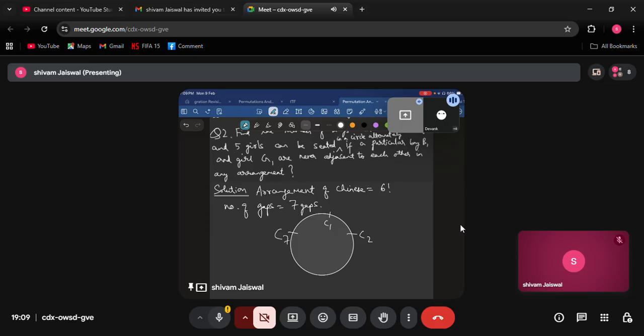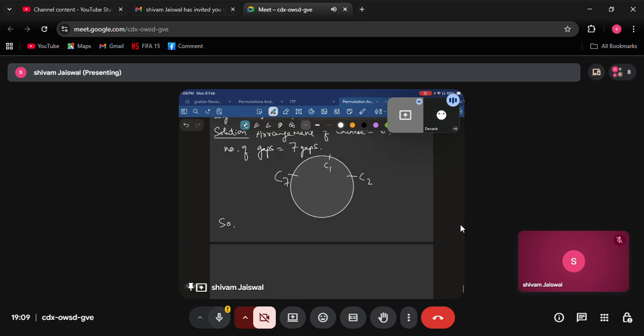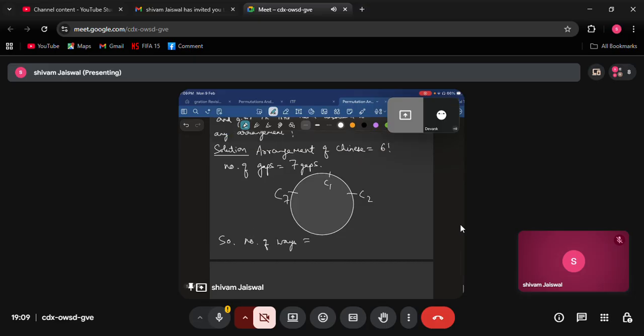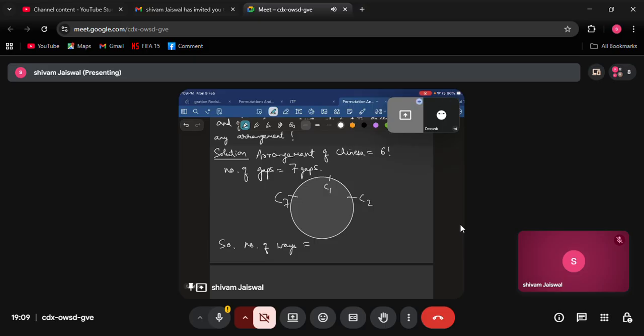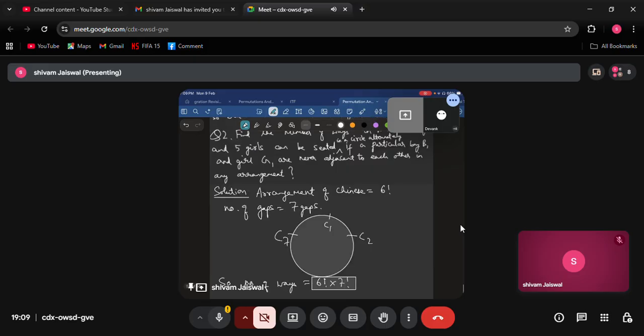It's a round table, so the number of gaps is 7. And 7 Indians can arrange themselves in 7 gaps in how many ways? 7 factorial. Is it clear? Yes, sir. Okay, solve number 2 quickly.